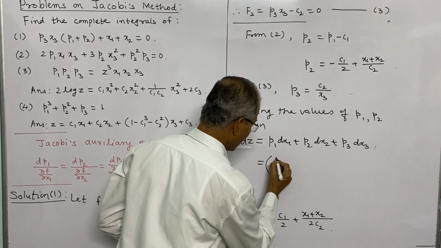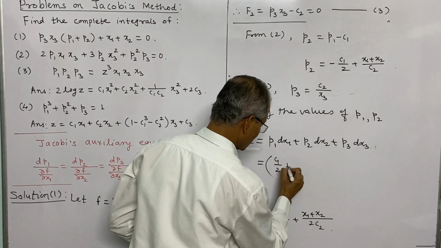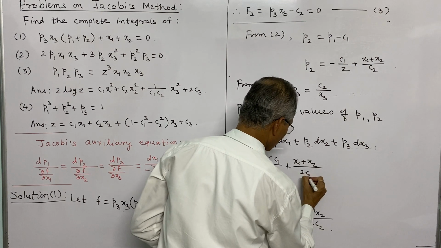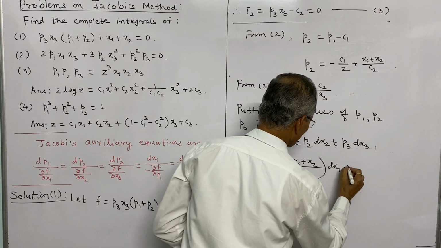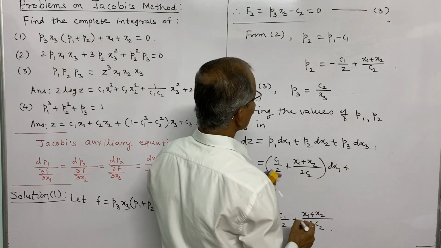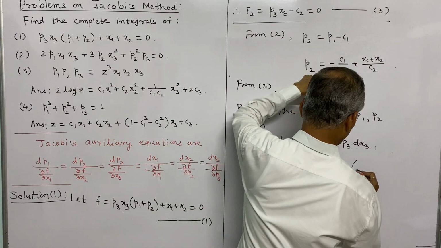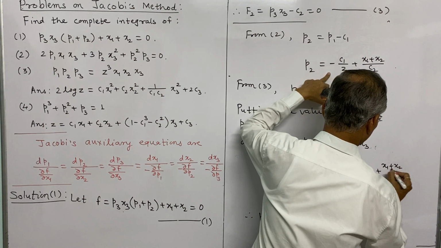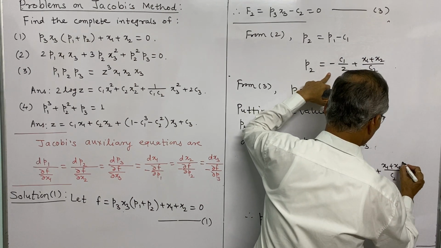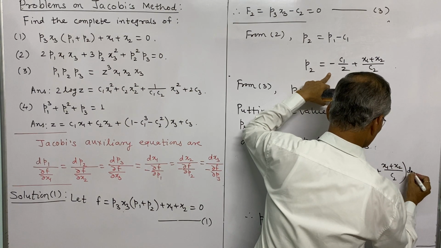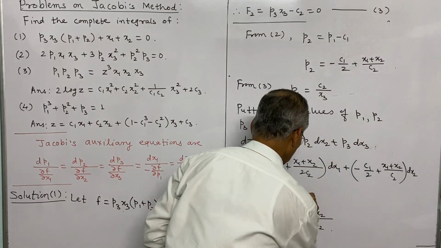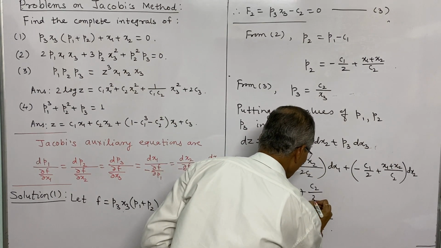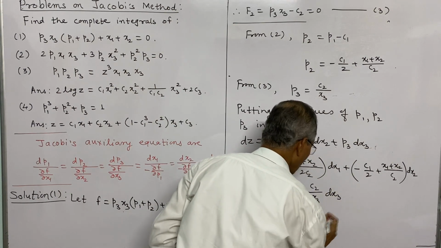P1 is C1 by 2 plus (x1 plus x2) divided by 2C2 times dx1, plus P2 is minus C1 by 2 plus (x1 plus x2) divided by C2 into d of x2, and plus P3 is C2 divided by x3 dx3.